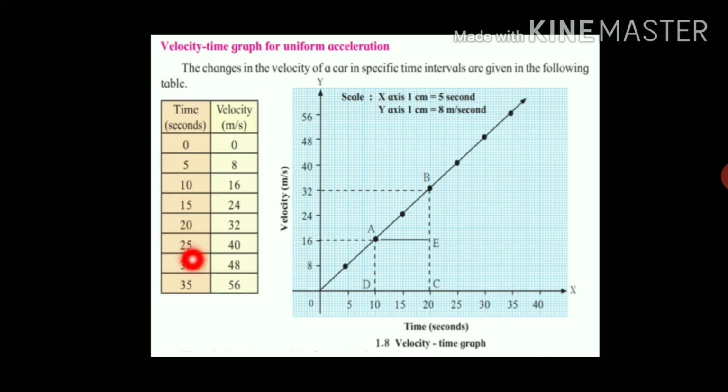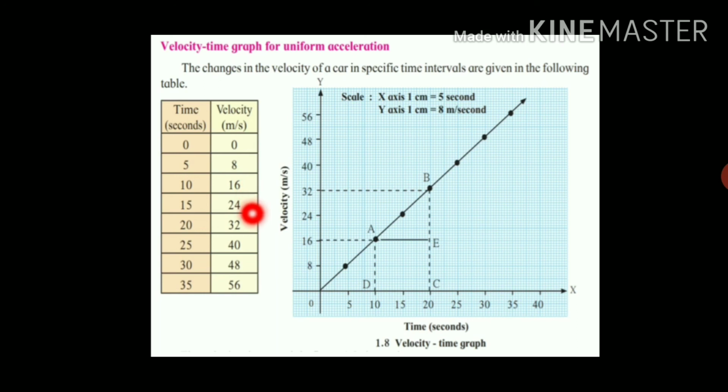In each 5 seconds, the velocity of the car increases by equal magnitude. In the first 5 seconds, velocity increases by 8 meters per second. Again, in 5 to 10 seconds, the velocity increases from 8 to 16, again by 8 meters per second.